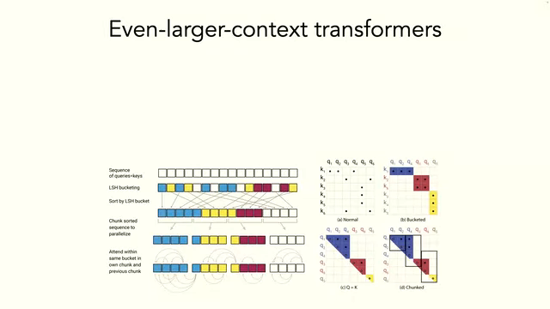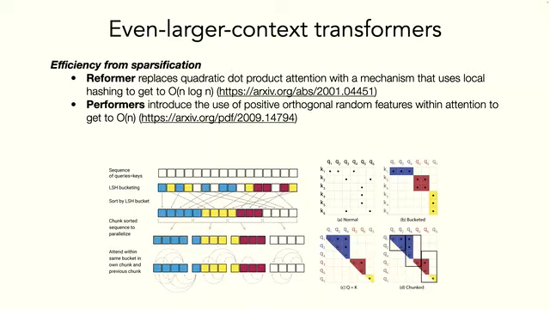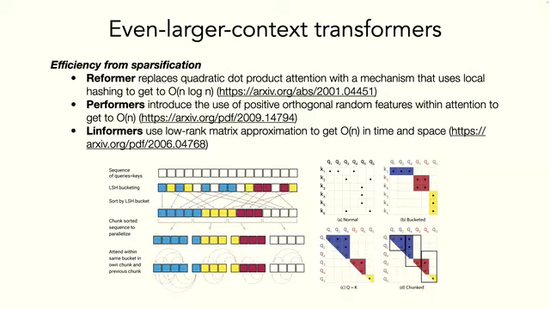So there's a bunch of methods that have been developed in recent years that try to figure out how to make even larger context window transformers given limited memory. These are things like efficiency from sparsification, such as the Reformer, Performers, or Linformers, which are all different ways to try to decompose attention. Do something like a low-rank matrix approximation to get the context window computation from big O of n squared to big O of n.